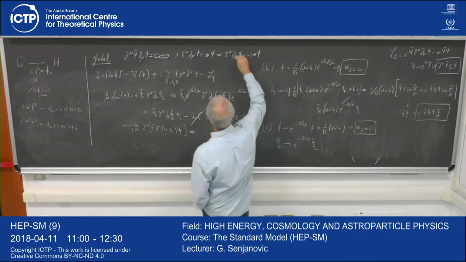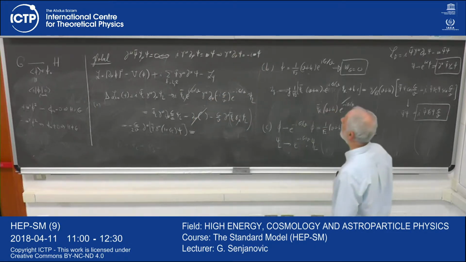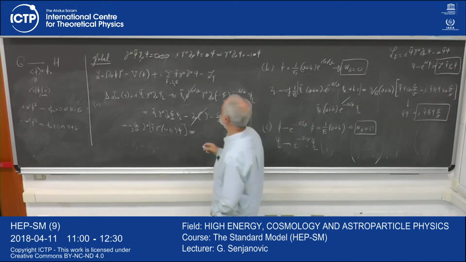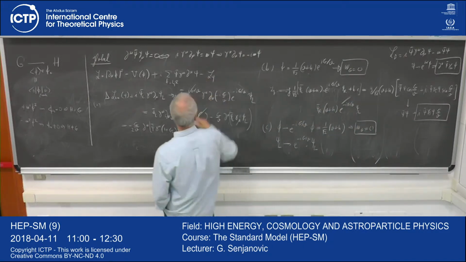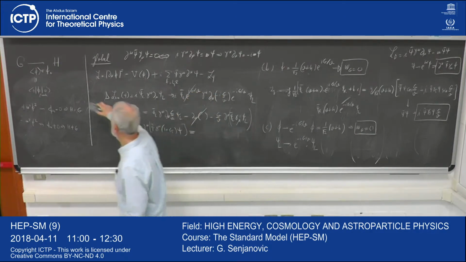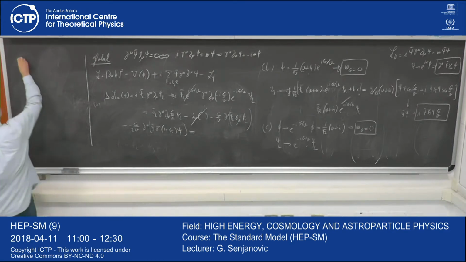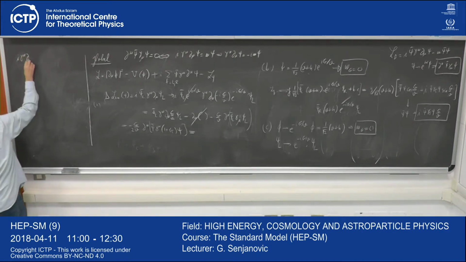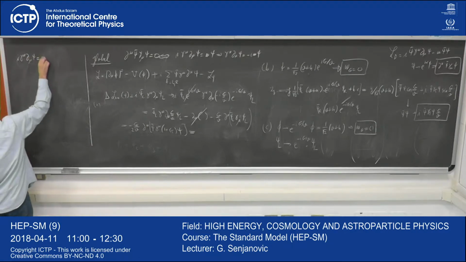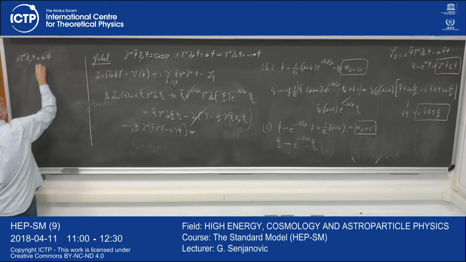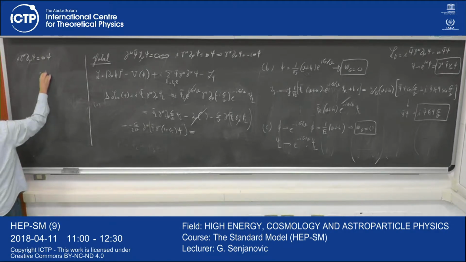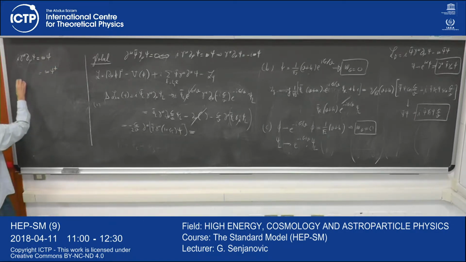From here also I will have to derive I take a dagger. So what do I get? This is m psi dagger, and this is minus i d mu psi dagger gamma mu dagger.